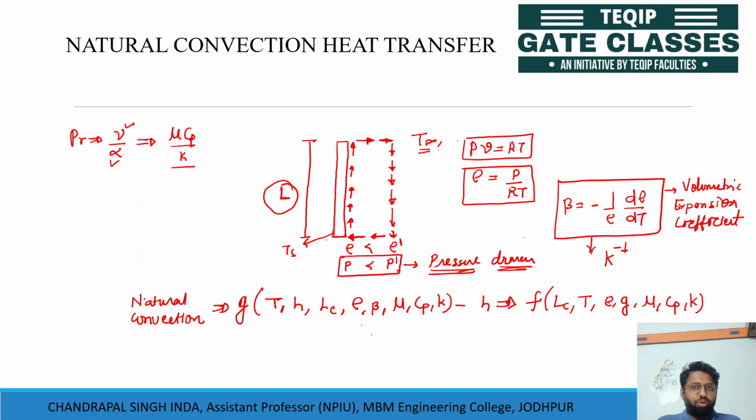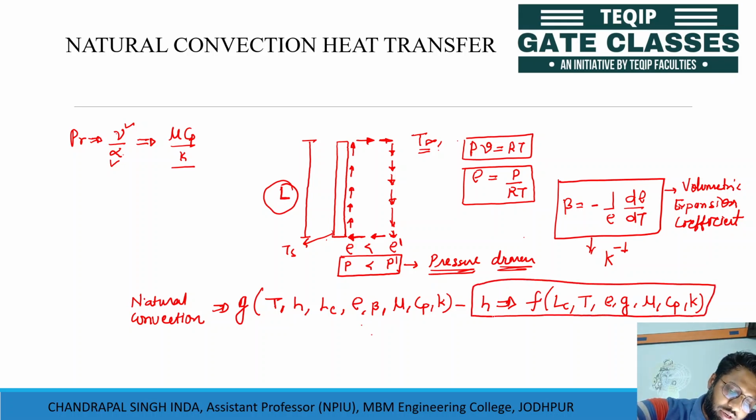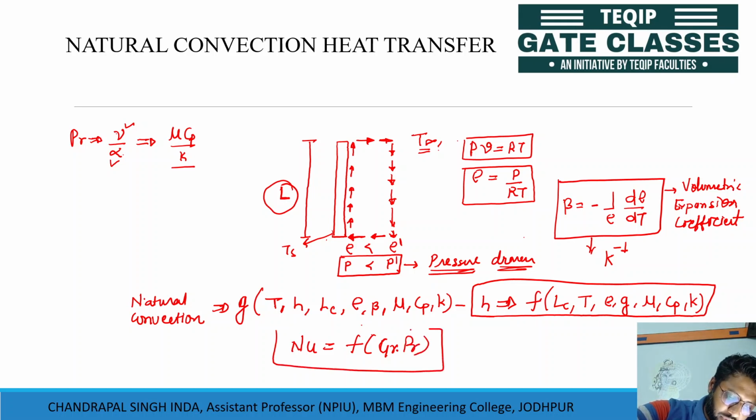So here the buoyancy force will come into the picture, and by this relationship we will use dimensional analysis, and we will have the result that the Nusselt number will be a function of the Grashof number and Prandtl number. So here the natural convection system is defined by these three dimensionless numbers.